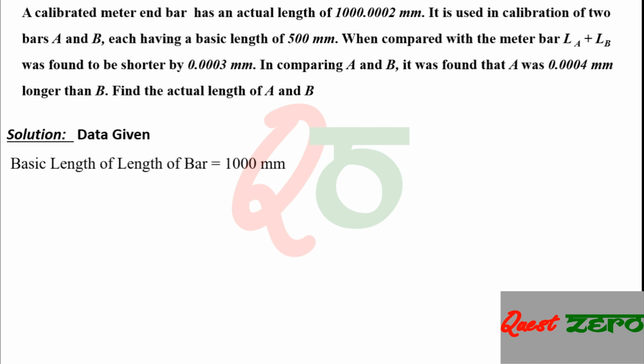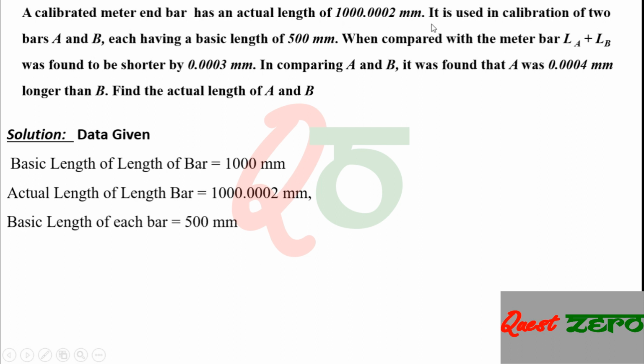The basic length of the bar is 1000 mm, but the actual length of the length bar is 1000.0002 mm, which is given in the question. So considering the actual length, we try to make the required diagrams.